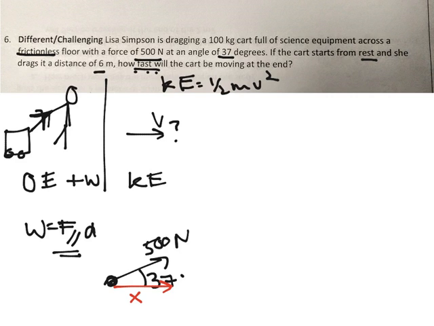So this is where we have our SOHCAHTOA, sine, cosine, and tangent. Since this is an adjacent side over hypotenuse, we want to do the cosine of 37 is equal to x over our hypotenuse, 500 newtons.